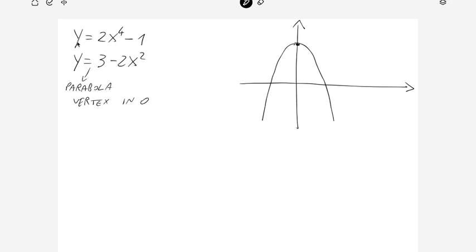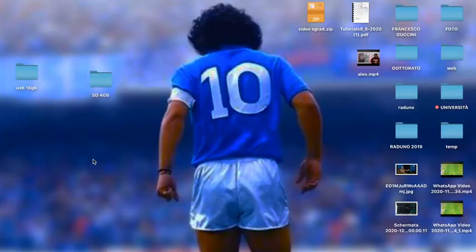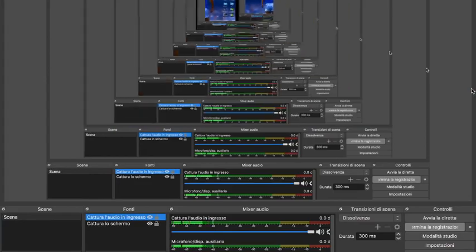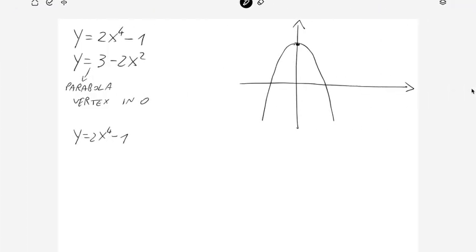But if we want to draw this curve, y equal 2x to the 4 minus 1, first of all, we compute the minimum.